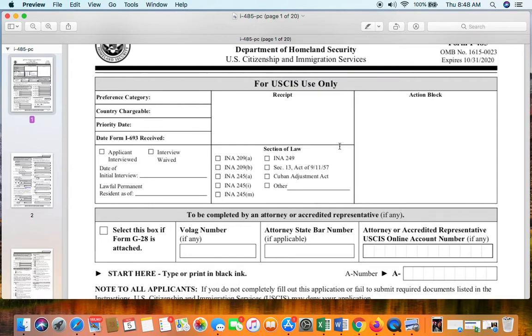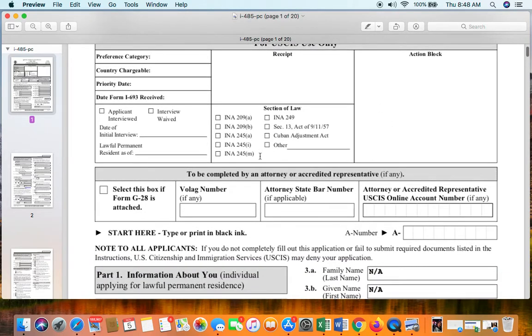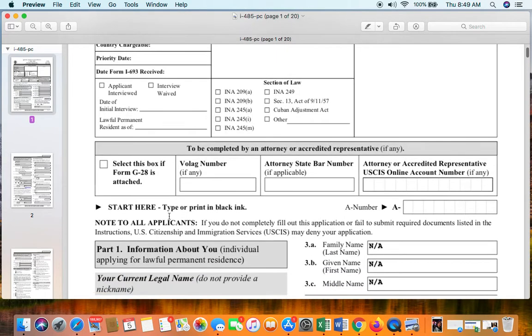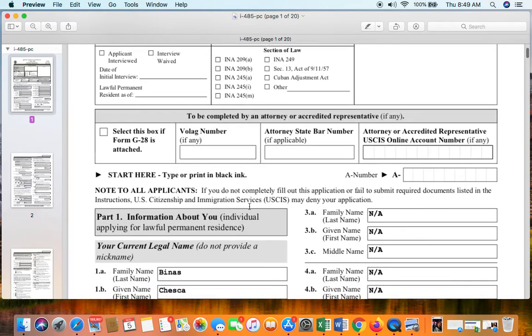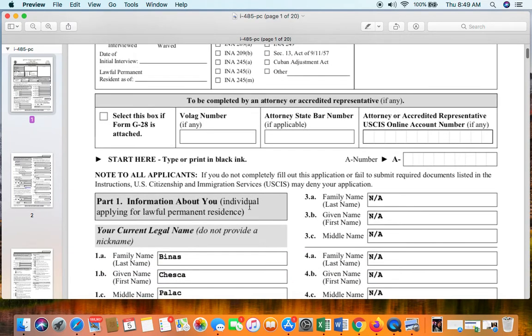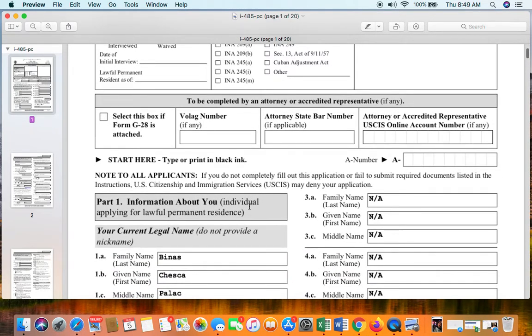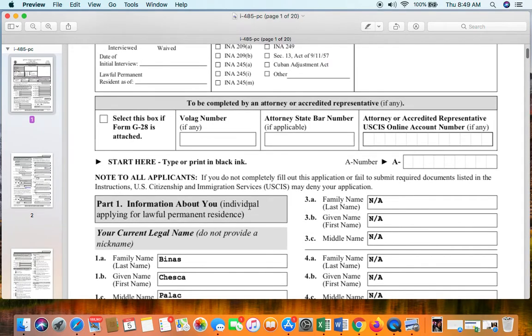Since we're not going to fill this out, we are going to start right here. It says type or print in black ink. So if you want to fill this up using your pen, please always use the black pen.